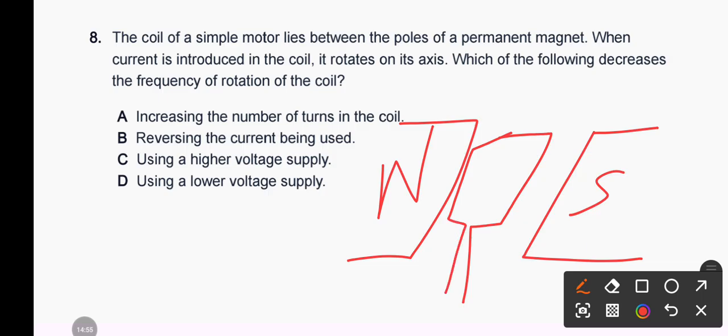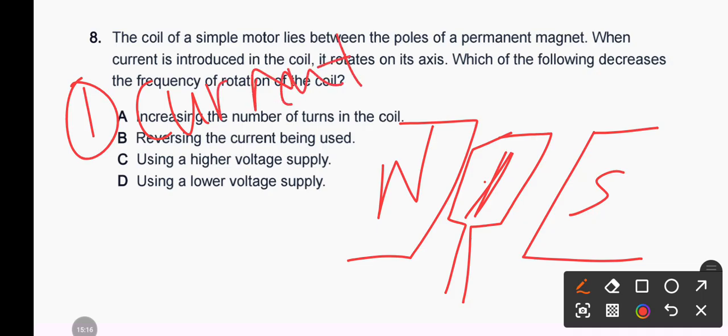Okay. The factors which the frequency of rotation of this coil depends upon. Number one is current. Number two is the number of turns.